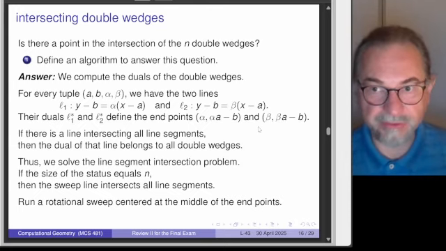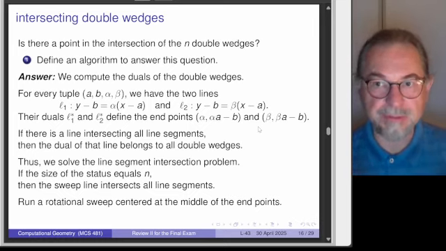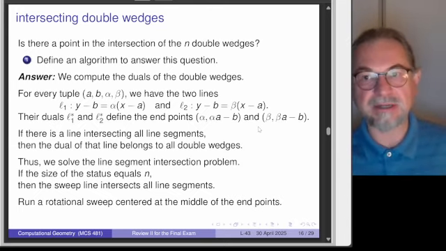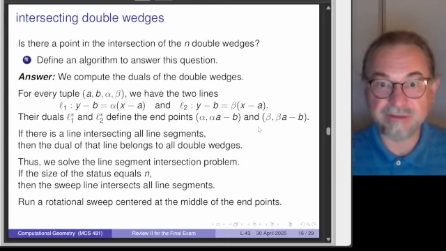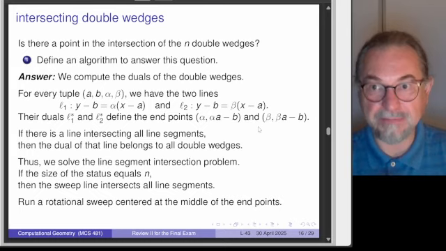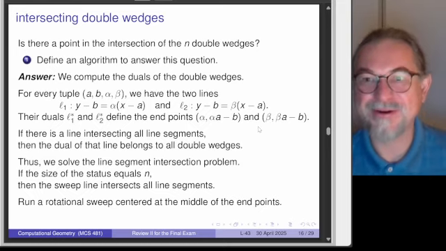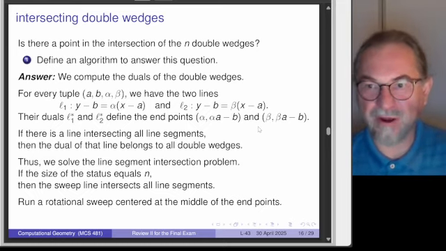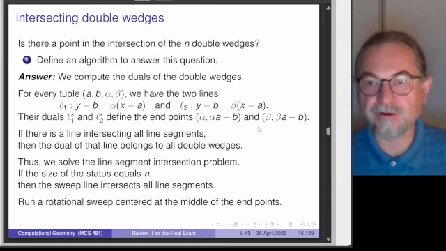But you can imagine configurations where a horizontal sweep line is going to miss line segments. And by just tilting the sweep line, you will actually find intersections. So what you do is run a rotational sweep centered at the middle of all the endpoints. So in some sense, we start thinking again about wedges. The wedges are now defined by this rotational sweep line in the middle, and it sweeps over the segments.